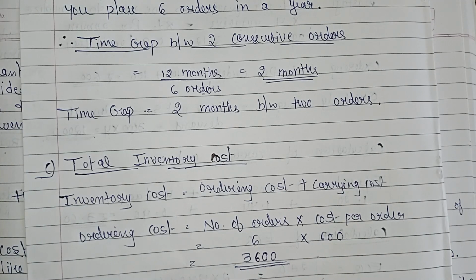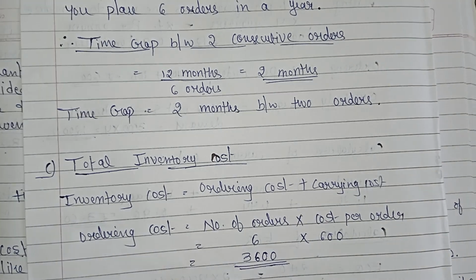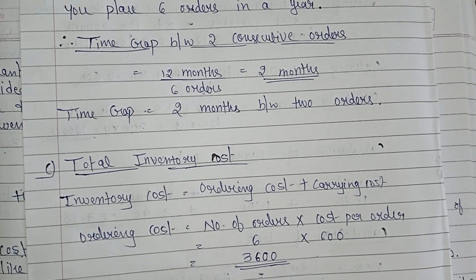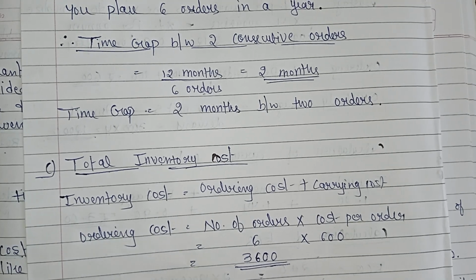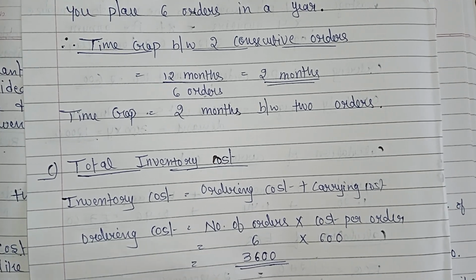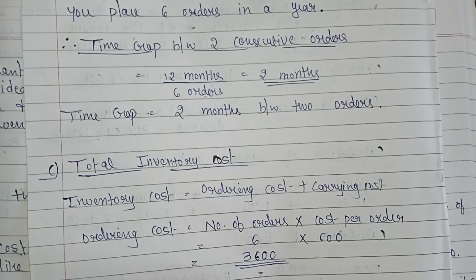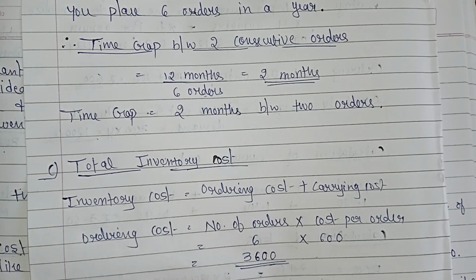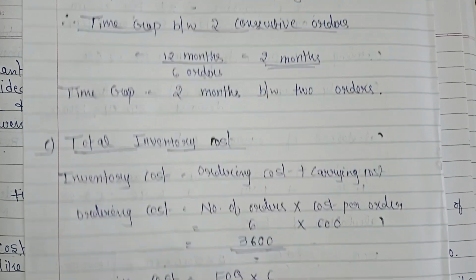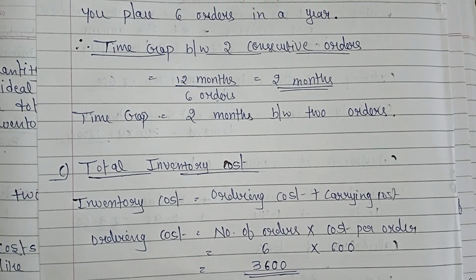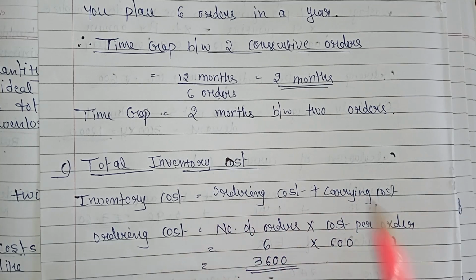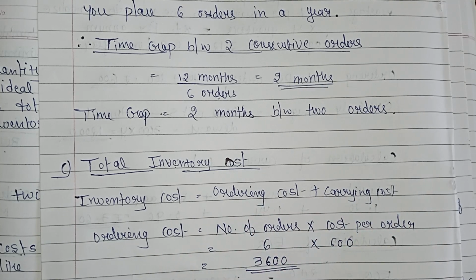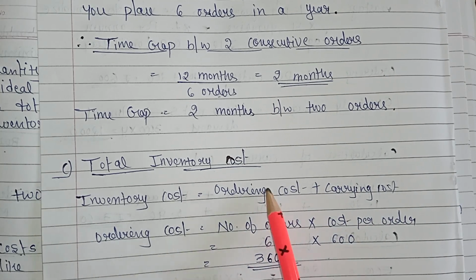Material cost is usually excluded from the total inventory cost calculation in EOQ, because it does not change with the order quantity, right? That's why we will not include material cost while calculating the inventory cost.